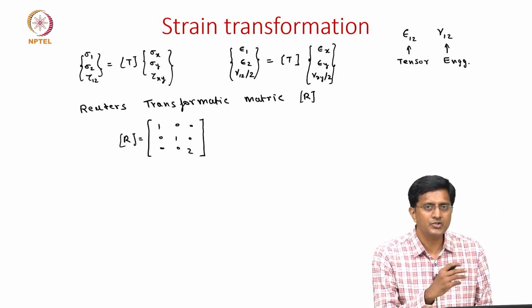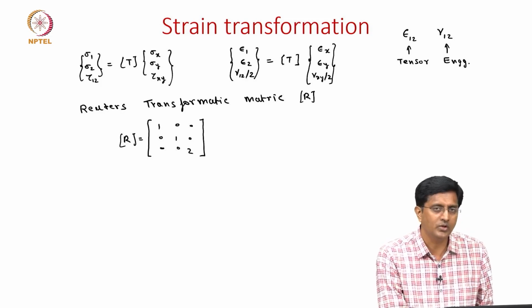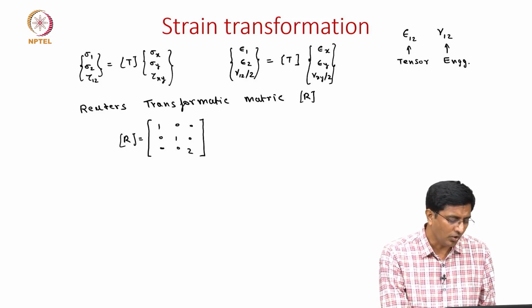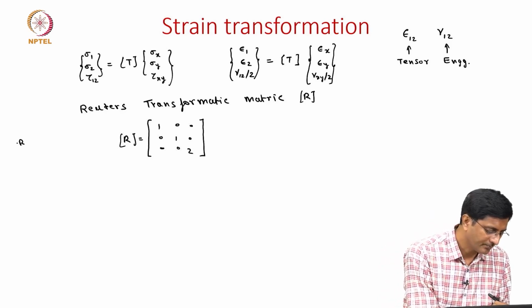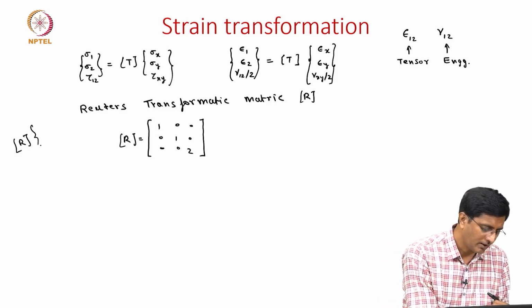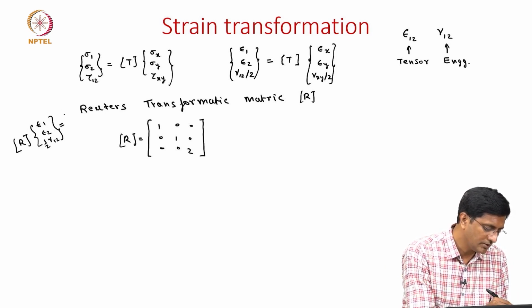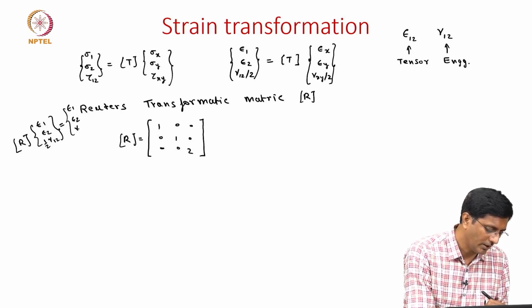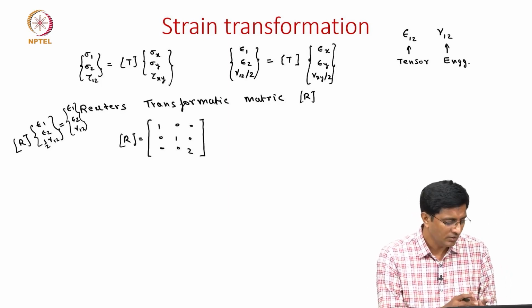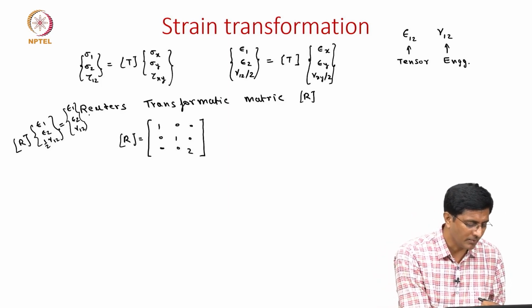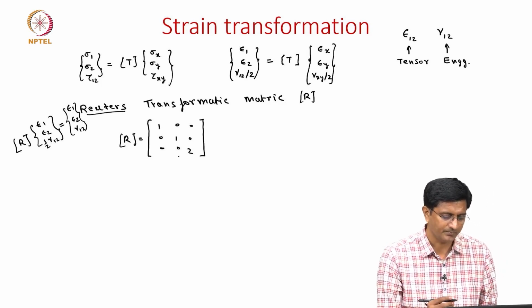Looking at this matrix, you should appreciate why we have 2 in the last element, because if I multiply this R with epsilon 1, epsilon 2 and half of gamma 1 2, this should give us the strains which we are used to, which are epsilon 1, epsilon 2 and gamma 1 2. Fine. Now, you can appreciate why we have this Reuter's transformation matrix written in this fashion.